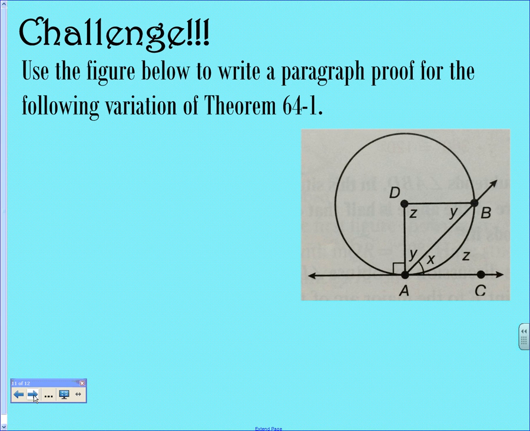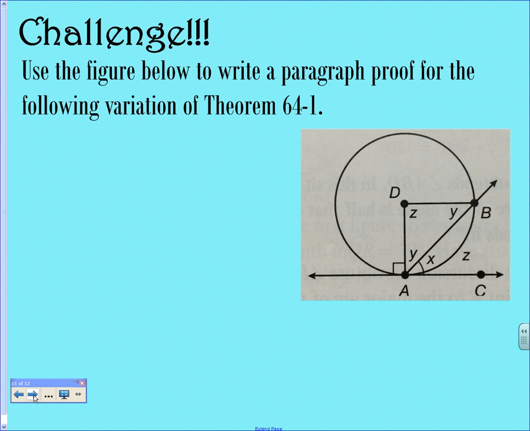Wait, what? Arc AB. You gotta keep going. Okay. Yeah, but that's what the theorem says.